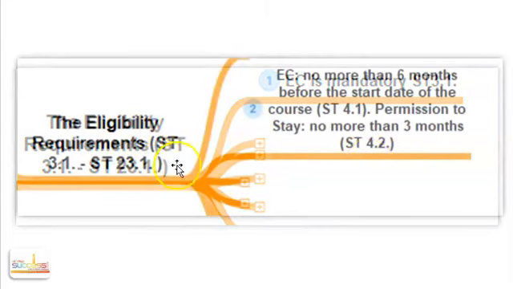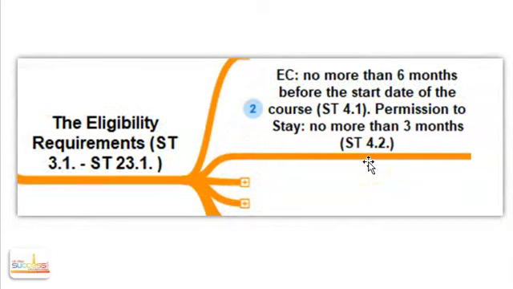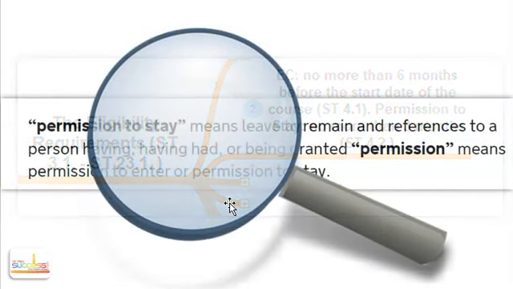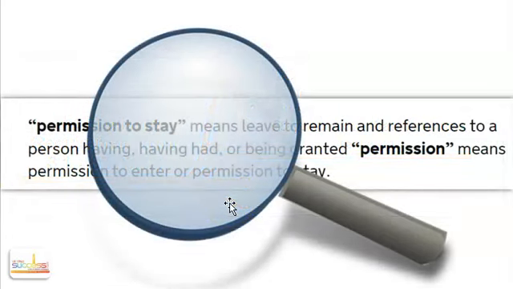Secondly, we need to understand the 6 months and the 3 months routes. You cannot make your entry clearance application earlier than 6 months before the start date of your course. With the UK new points-based immigration system, the Home Office introduced the new legal phrase, which is known as permission to stay.